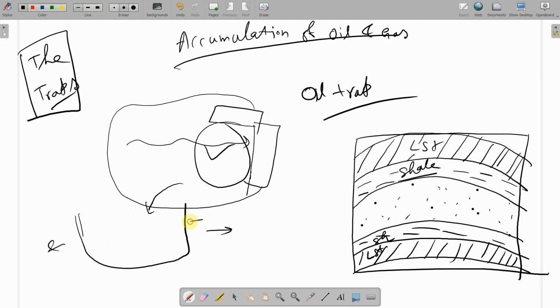So what you have to do is put an impermeable material here. That's why in most cases you will find that people are using bentonite clay. They put a bentonite clay layer which is impermeable.